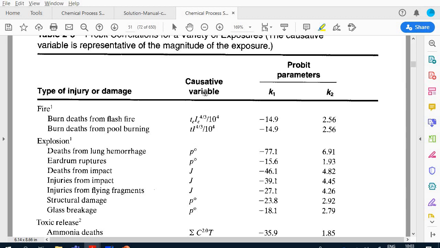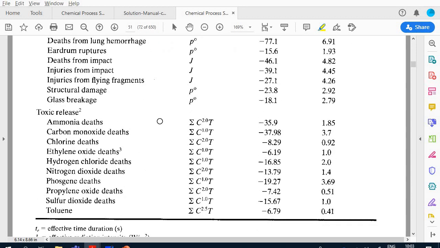As you remember, Y is equal to K1 plus K2 ln V. V here is the causative variable. So in the case of explosion, it is the pressure, so we just took the pressure. But in the case of toxic release, which we'll take in another example, we need to use V as these variables, as in this equation, and so on.